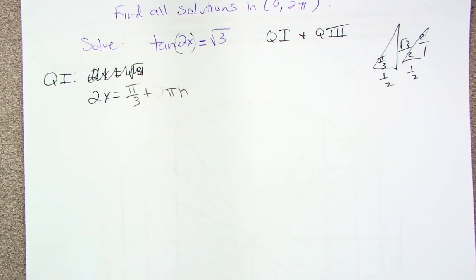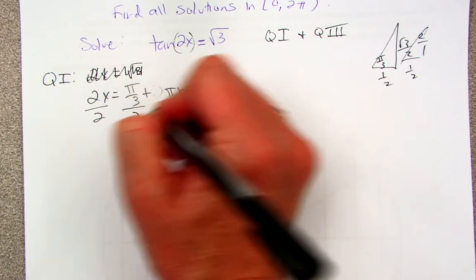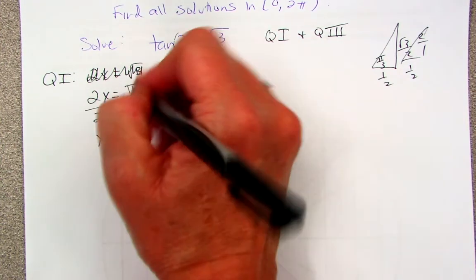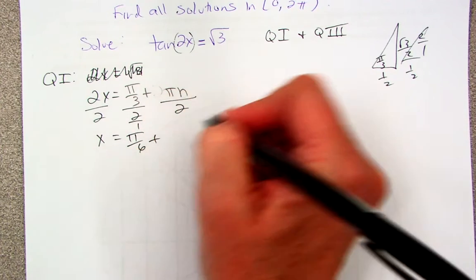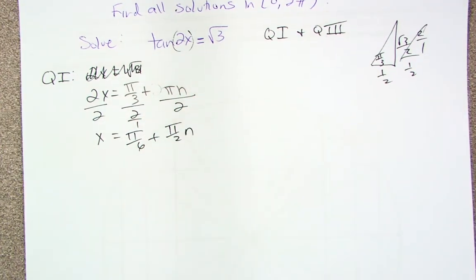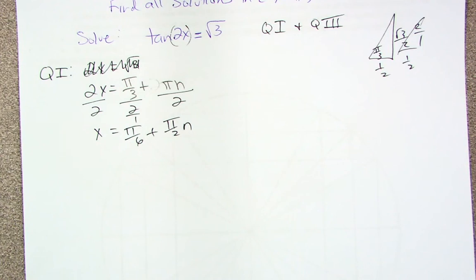Now that I've got an equation, I'm going to solve for x. How do I isolate the x? I divide everything by 2, don't I? And when I clean it up, doesn't it look like that?